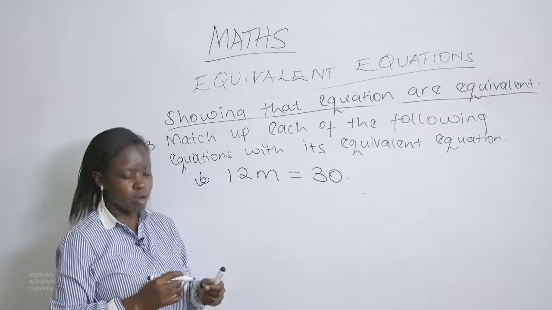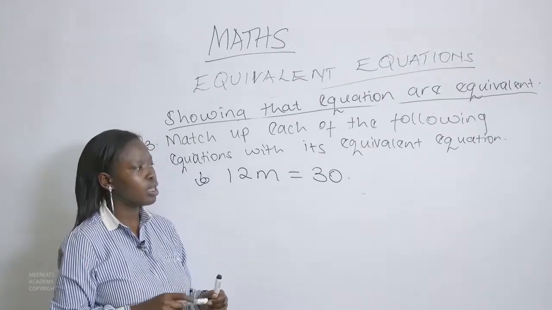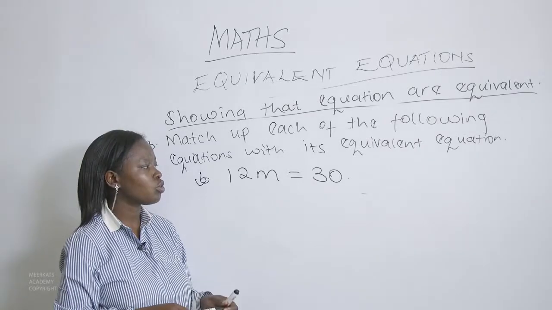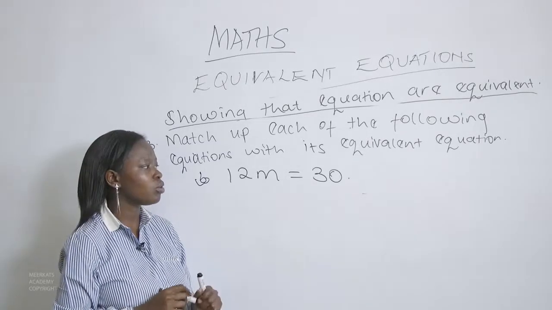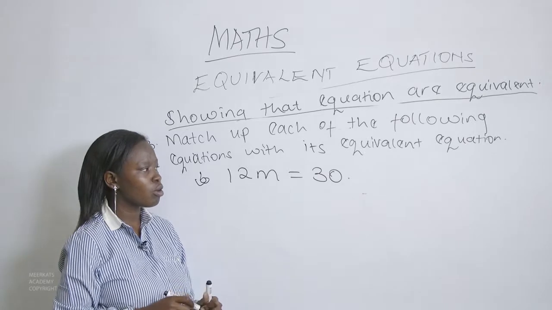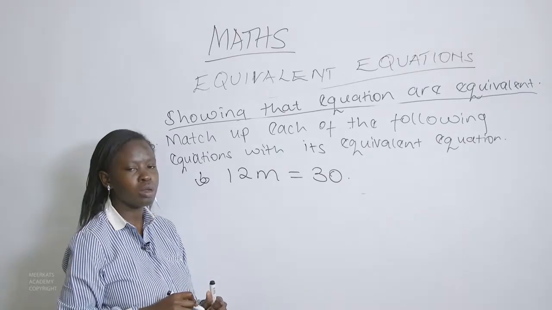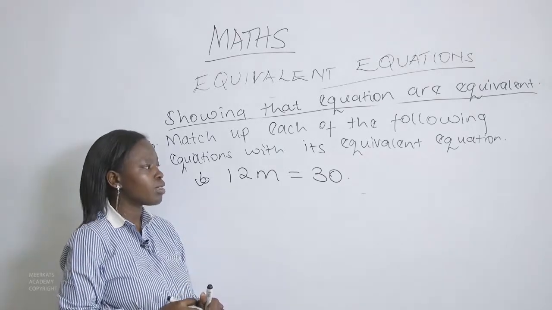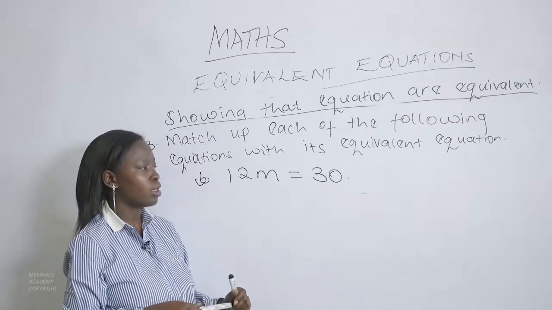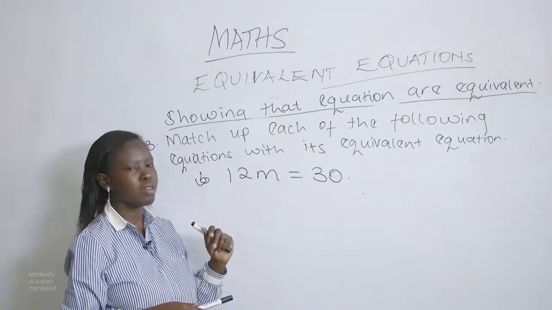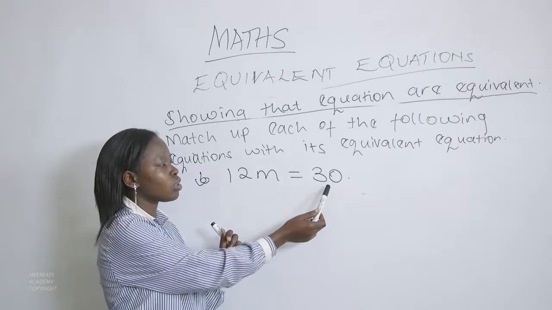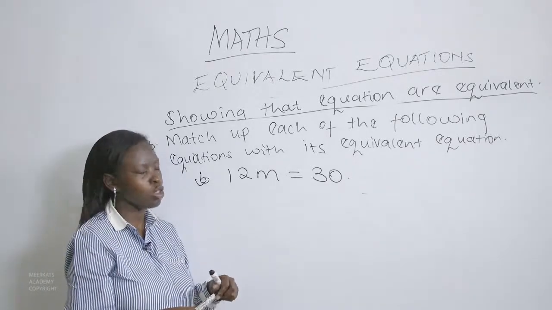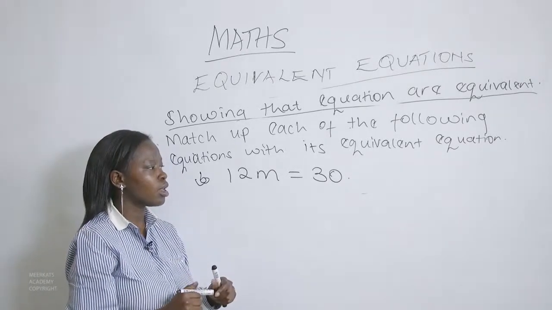12m is equal to 30. We need to obtain an equivalent equation to 12m is equal to 30. Looking at the equation, there is a number that I can divide the left-hand side by, and divide the right-hand side by the same number, and obtain an equation.